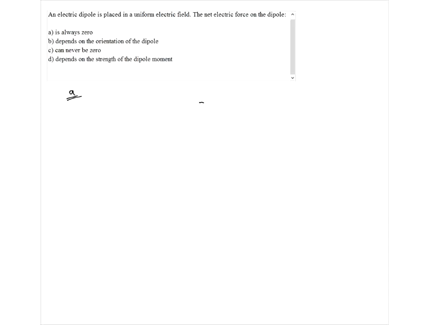Dipole moment, how you place minus and plus charges, like this, like that, how does it matter? Sir, I mean to say force, not dipole moment. Force is always zero, always, no matter how you place it.